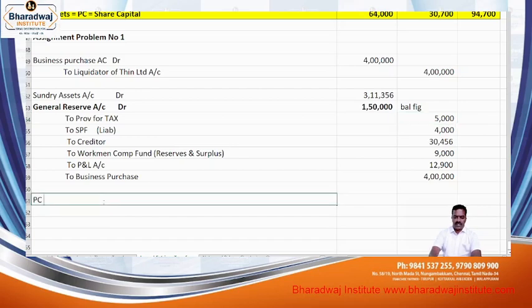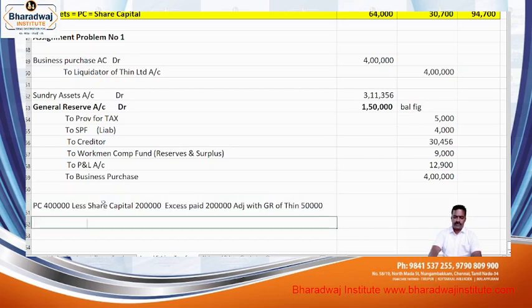Purchase consideration is 4 lakhs. Less share capital, how much? 2 lakhs. Excess paid is how much? 2 lakhs. Adjusted with general reserve of thin, 50,000. Balance.